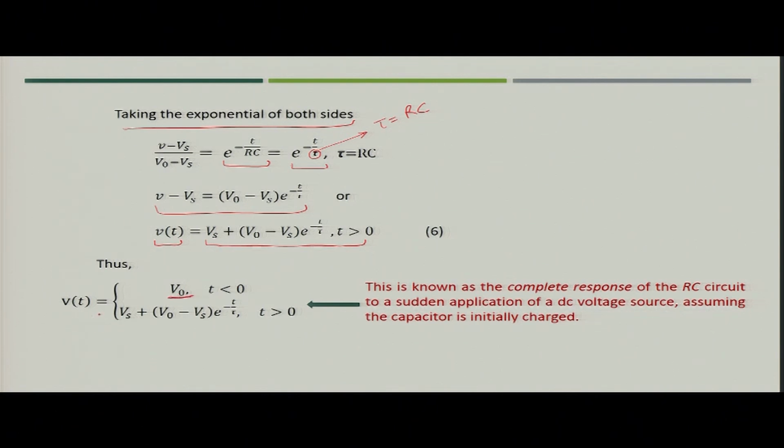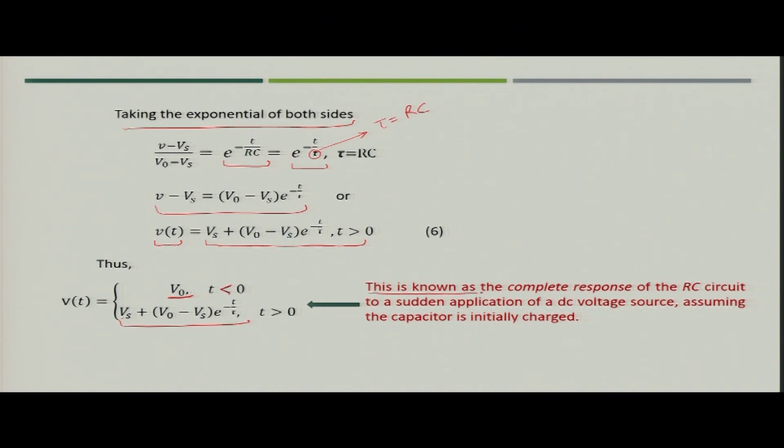So, we can say that when we apply a step input to the RC circuit, the capacitor which was initially charged with voltage V naught will remain the same when time t is less than 0, and when time t is greater than 0, the voltage can be calculated with the help of the expression Vs plus (V naught minus Vs) into e to the power minus t by tau.